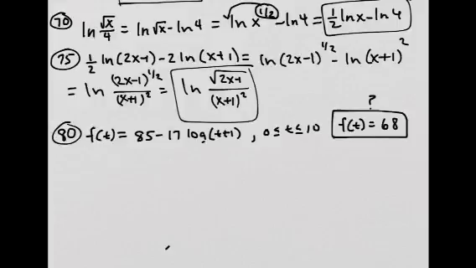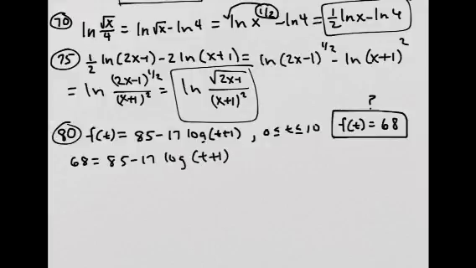The question is, how much time will it take between tests so that the score goes down to 68? So we're looking for t when f of t is 68, and I have 85 minus 17 log of (t plus 1).